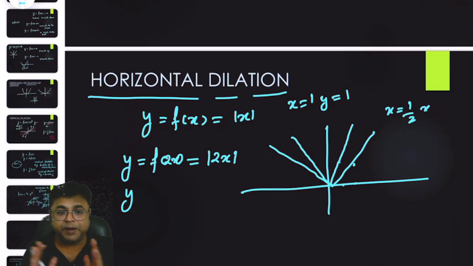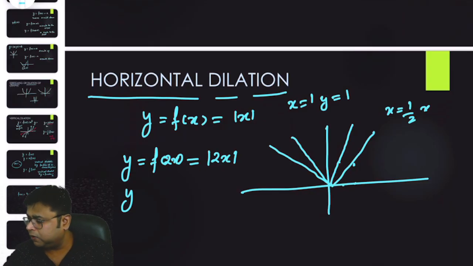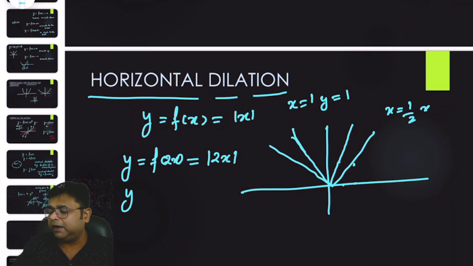So it has compressed a bit. It is dilated in the direction of the x-axis by a factor of 1/2. All x values will become half.